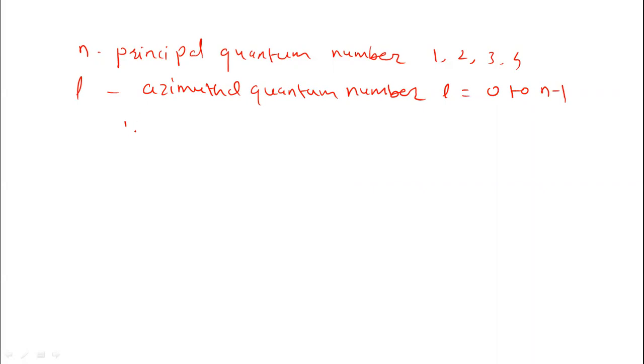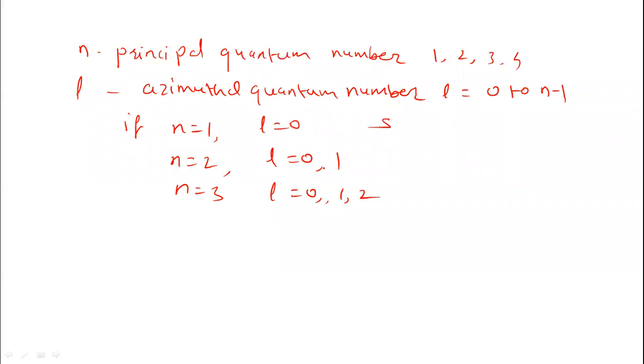So if N equal to 1, L equal to 0. If N equal to 2, L equal to 0 and 1. If N equal to 3, L equal to 0, 1, 2, like that. So this is about the azimuthal quantum number. When L equal to 0, the electron is present in the s orbital. When L equal to 1, the electron is present in the p orbital. When L equal to 2, the electron is present in the d orbital.